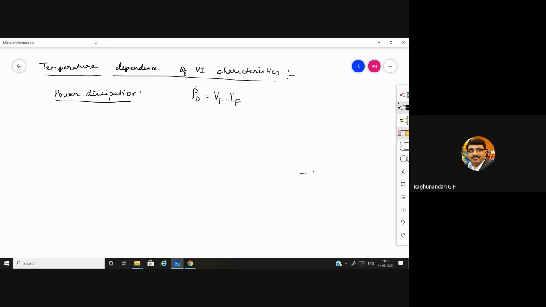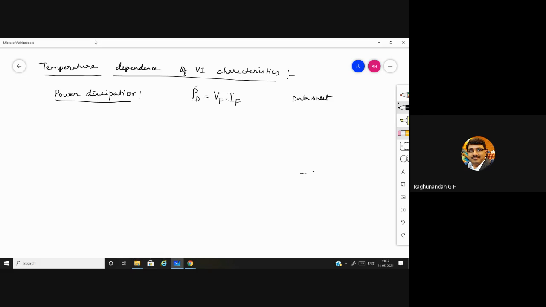I was telling in the previous class that each device or component which you are going to buy will have a data sheet given out by the manufacturer. If I'm going to manufacture a diode, then I need to give specifications and its limitations. Everything should be given in a document.